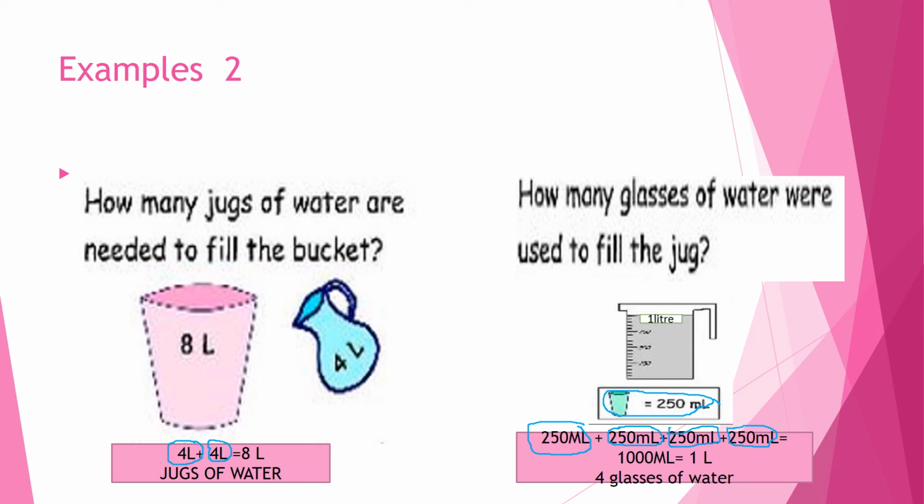And this is going to give us how many milliliters? 1000. Good job. And 1000 milliliters is equal to 1 liter. So how many cups or glasses of water did we add into the jug to give us 1 liter? We added 4 glasses. Good job.